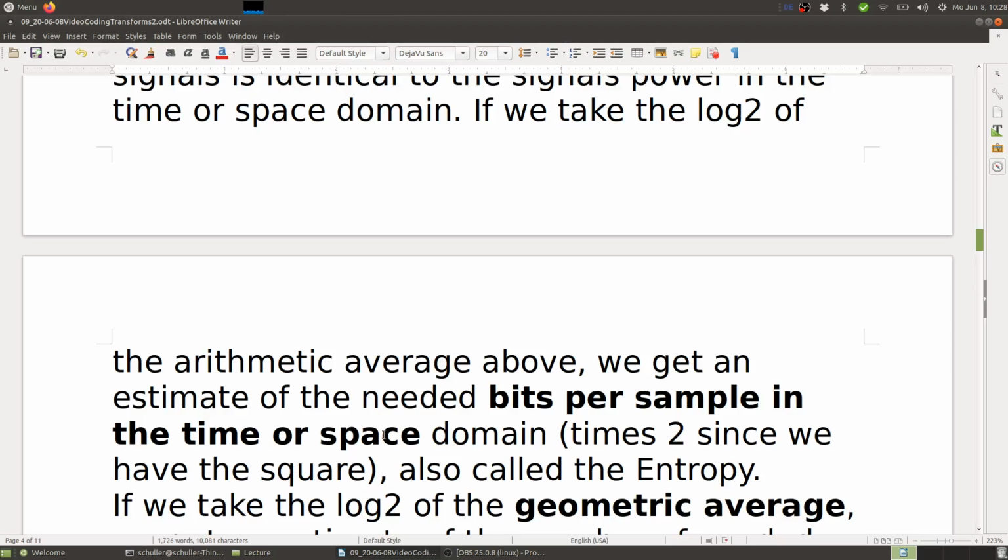It's also easy to see, for instance, if we have a number 7, then you know that it can be represented in 3 bits. So this is basically how you can think of this. It gives you an estimation of the number of bits that you need to represent it using an entropy coder.